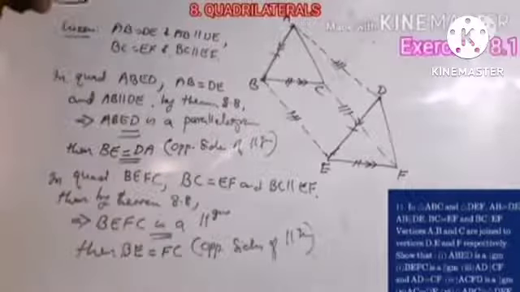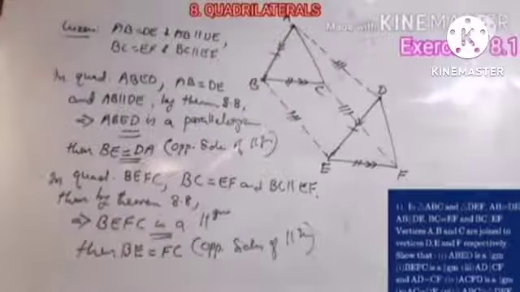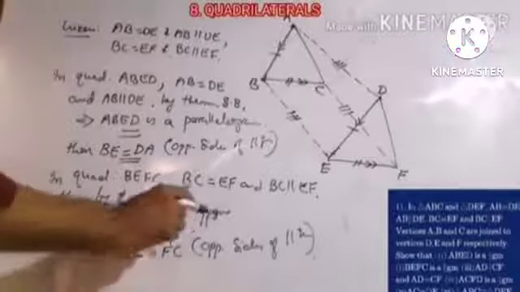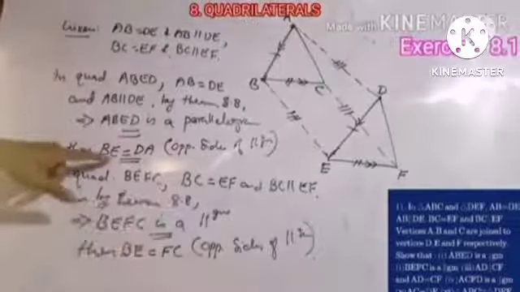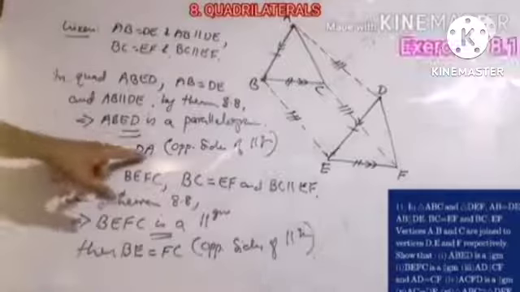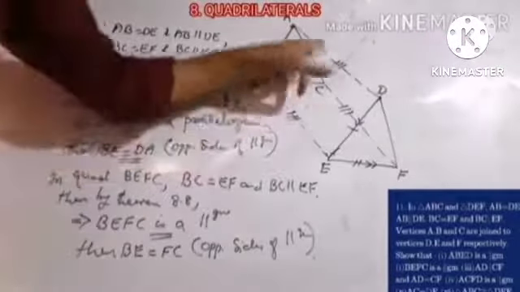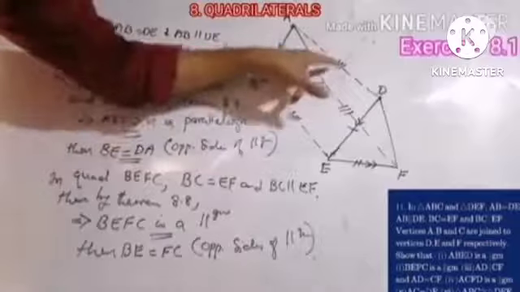Next, AD parallel CF and AD equal to CF. Here, from the first parallelogram, we got BE equal to DA. We just wrote BE equal to DA, and BE parallel DA, because it becomes a parallelogram.